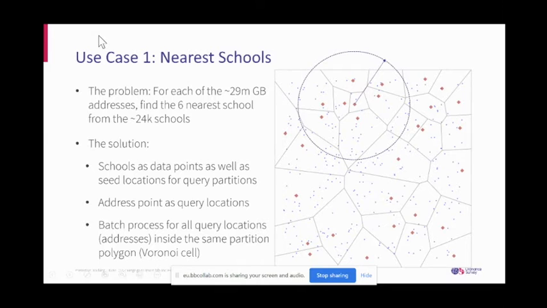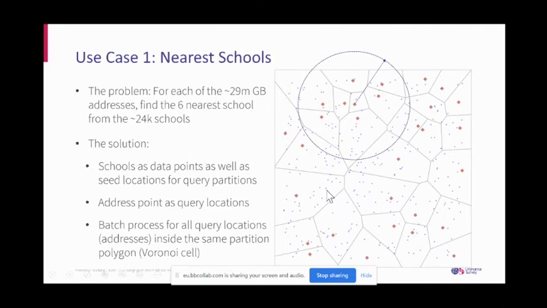This is actually a question from one of my colleagues, which gave me some stimulation on thinking about this problem. In the nearest schools problem, for each of the about 29 million Great Britain addresses, we find the 6 nearest schools from among the 24K schools. So the solution will use the schools as data points as well as the seed locations for generating the query partitions. These brown diamonds are schools, and the address points, the tiny blue dots, will be the query locations.